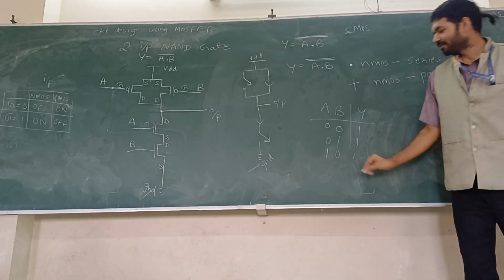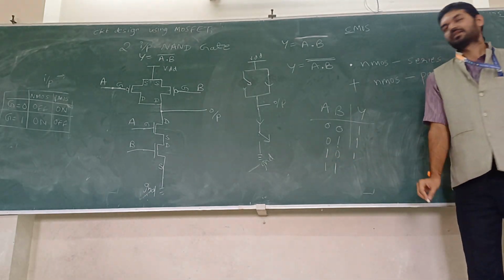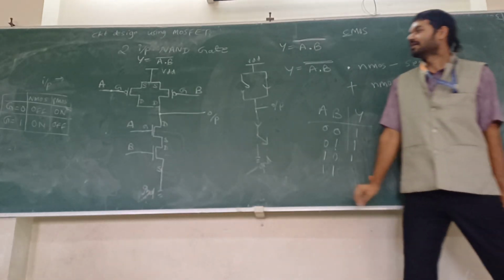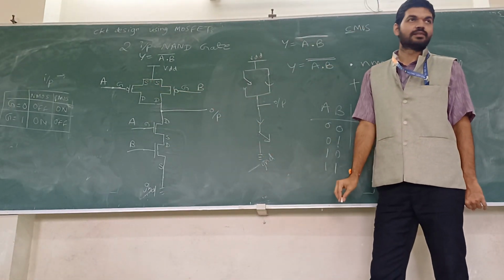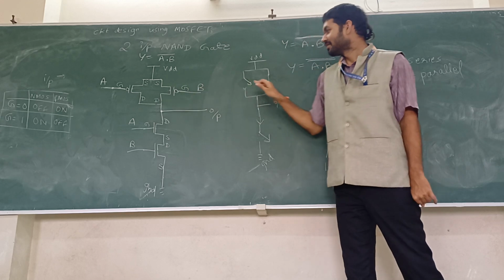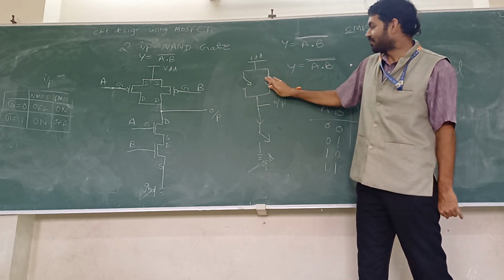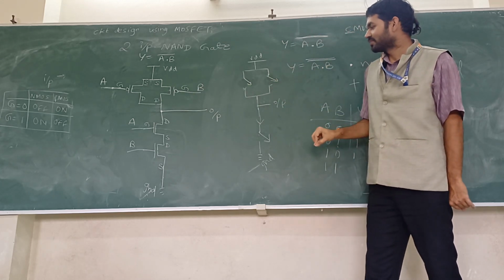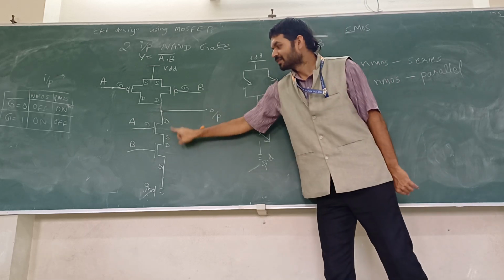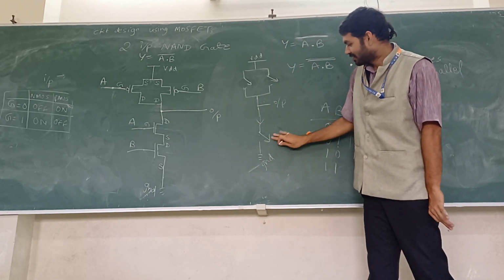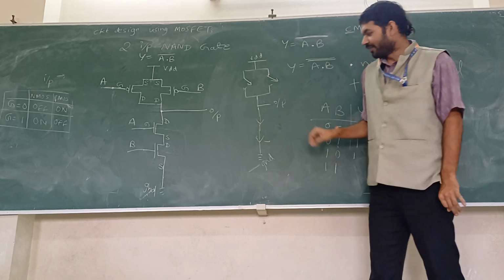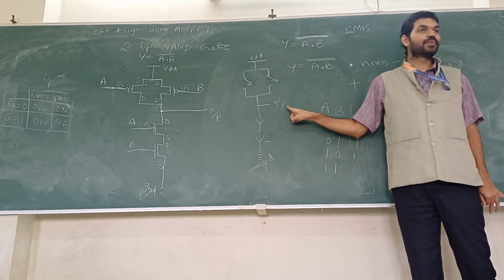Take one more combination, that is 1 1. Tell me, 1 1. Both are off. Both are on. Where is the output connected to? Ground.